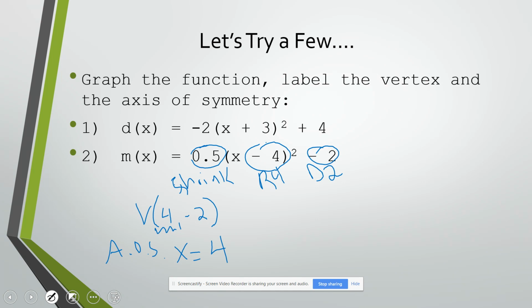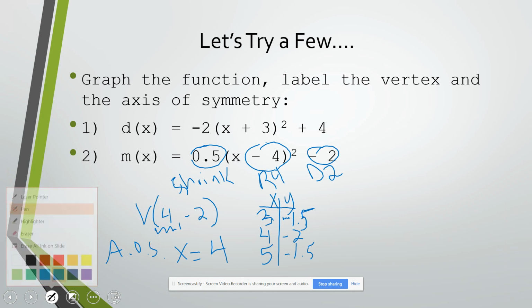So we can again use an XY table if we're not using our graphing calculator. If we are using our graphing calculator, then we want to plug in this equation and go to the table and find our 4, -2. Maybe use the 3 and the 5 on either side to get the other points that we're plotting, which I believe are going to be -1.5 for either of those.